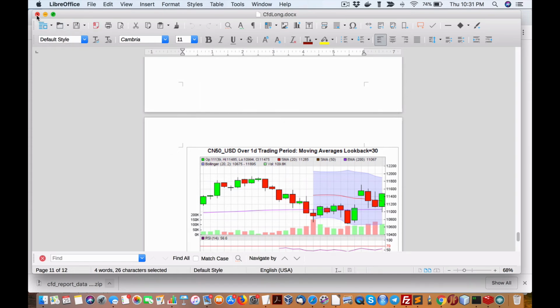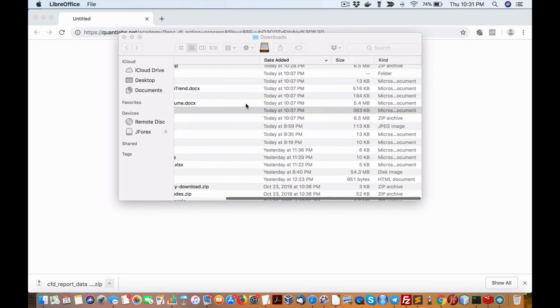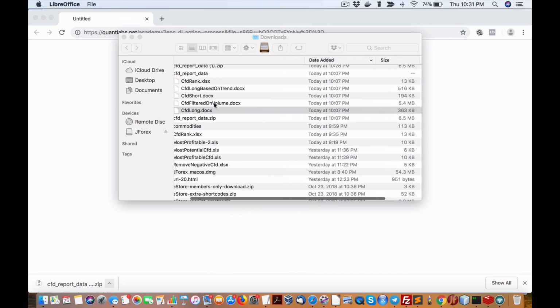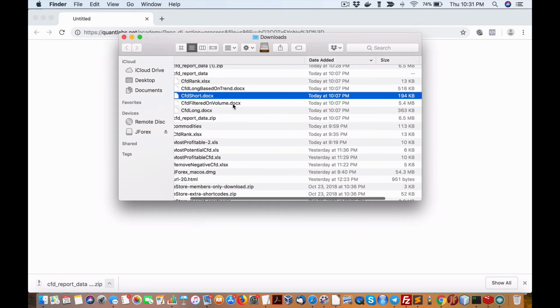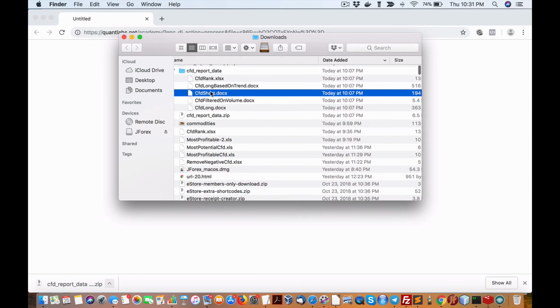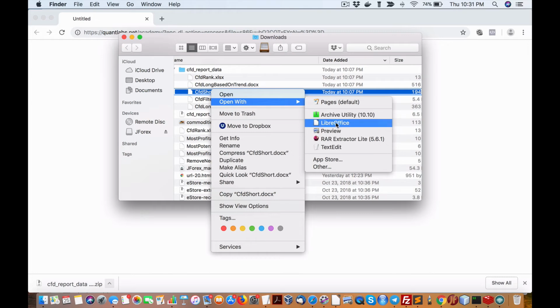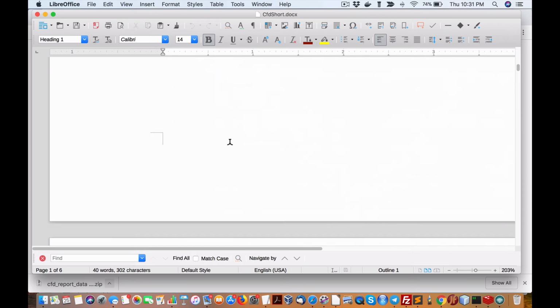Okay, so let me pull up another report here. This one is very big. This one right here, based on volume, I'm going to have to probably shrink that. That's not hard to do. So we do shorting as well, because obviously you can short on Oanda, but I'm not really making full use of this right now.